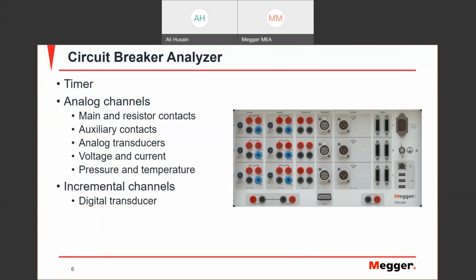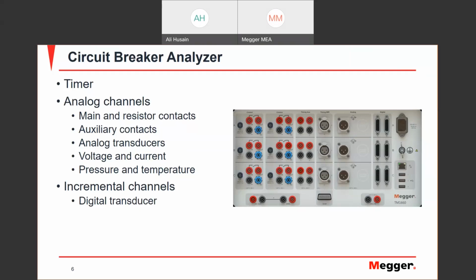What is a circuit breaker analyzer basically? You can see it like an oscilloscope that can measure times, analog values, any contacts, auxiliary contacts, motion or analog motion using transducers, and can measure voltage and current, for example, in the control circuitry to verify that the control circuitry, like coils and the windings in there, are all working correctly.